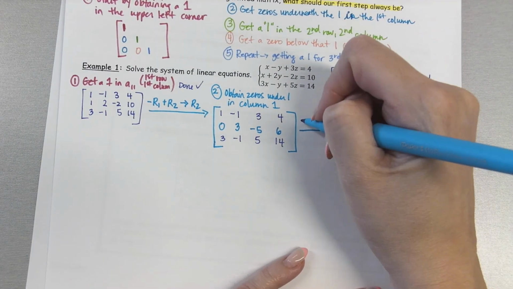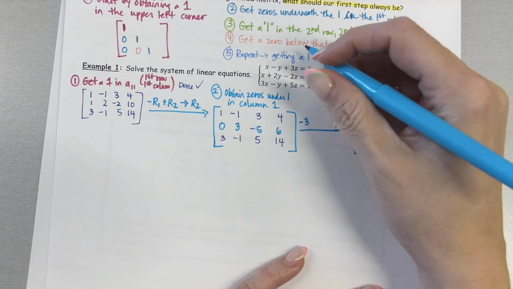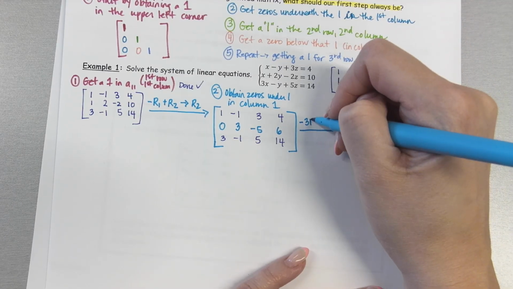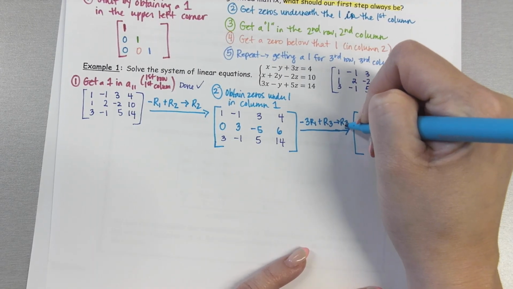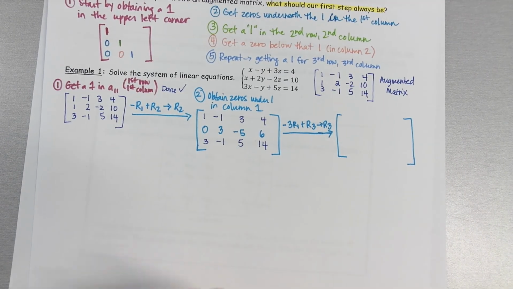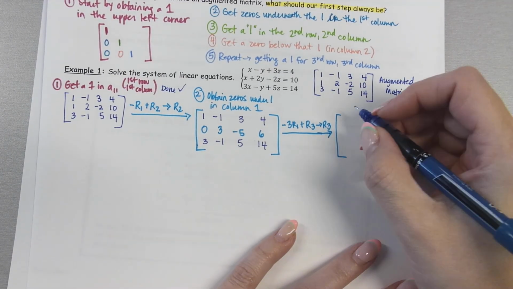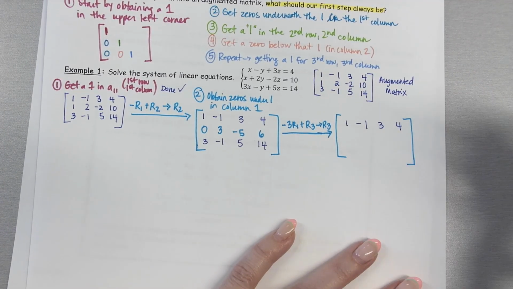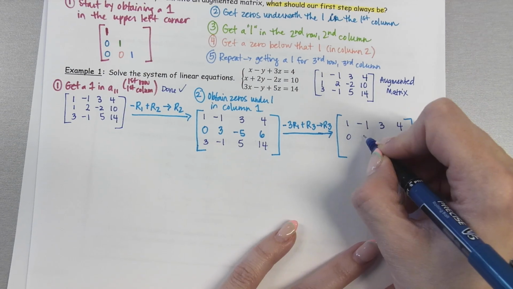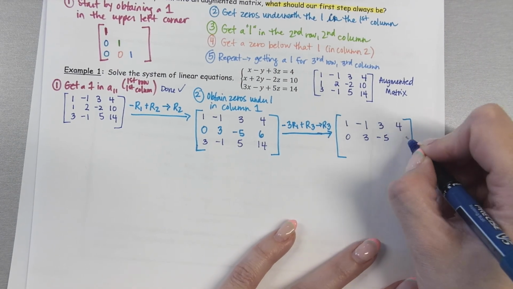So we're going to do -3 times row 1, add that to row 3, and put the result in row 3. If you know you're just changing row 3, you can write those first, or you can write them second, whichever you prefer.